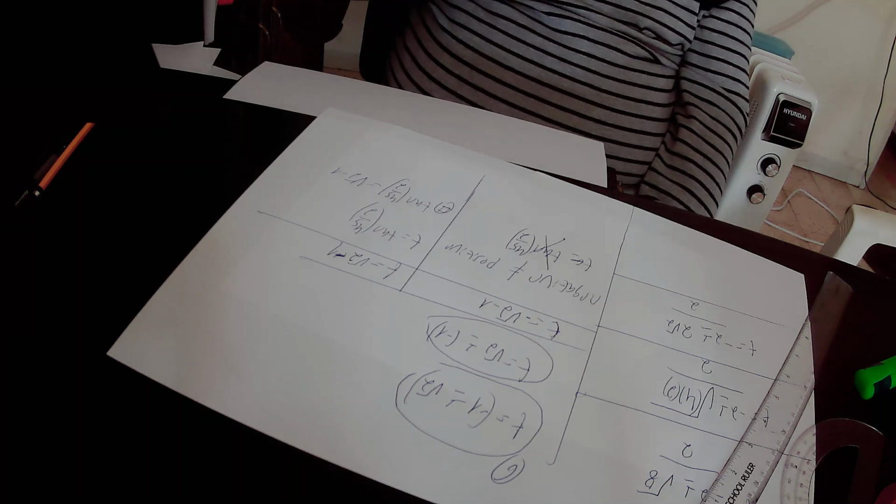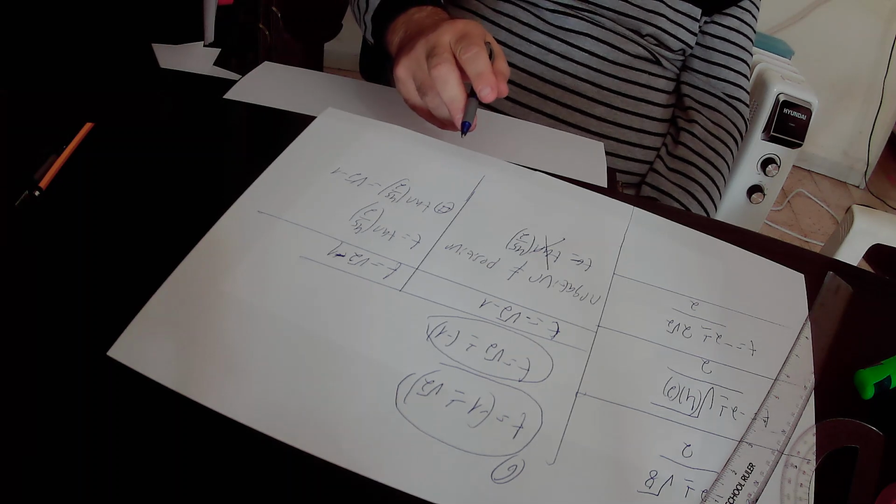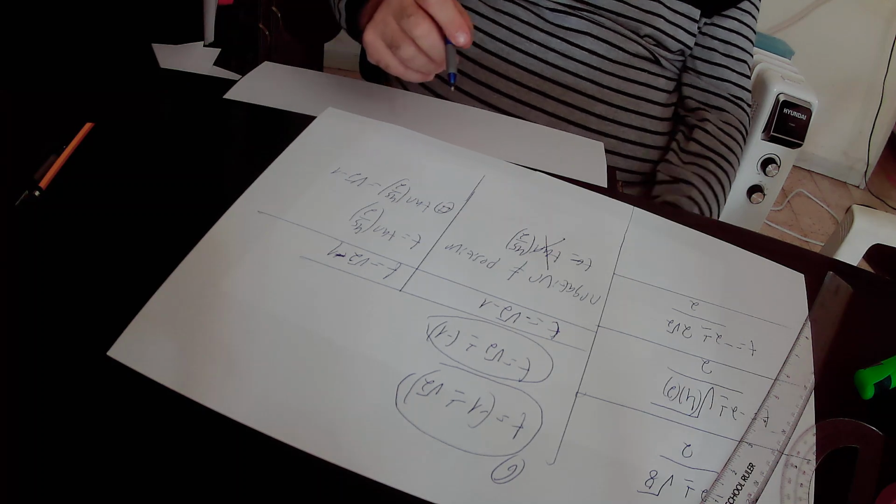So here we have equation number 2 that says that tangent of 45 over 2 equals the square root of 2 minus 1.